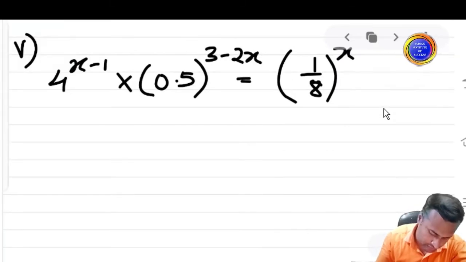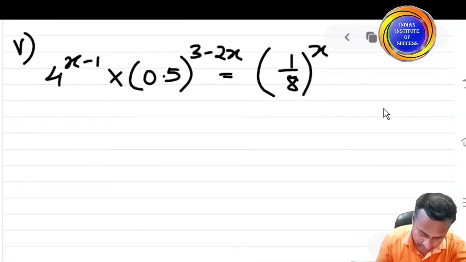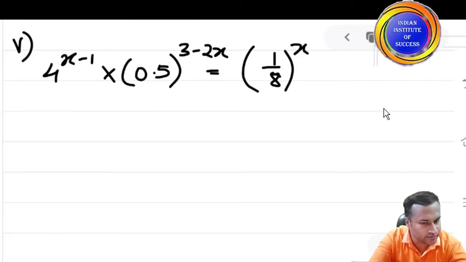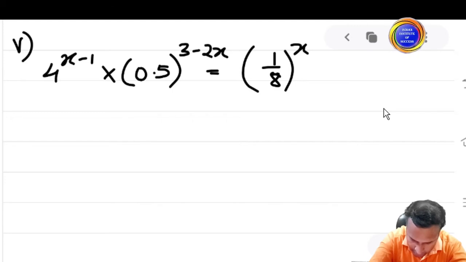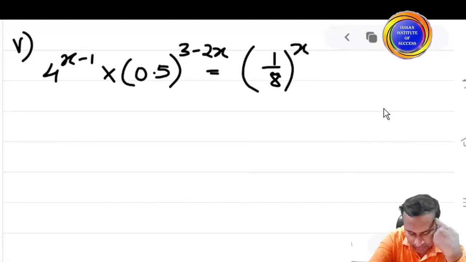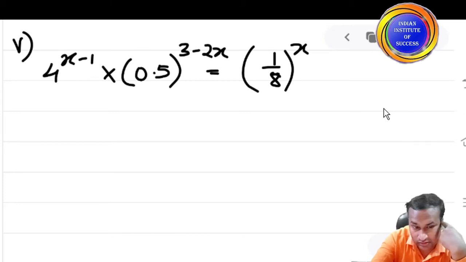Here also we have to use a simple thing. Now 0.5 is the term which is introduced here. Now here we can take one thing.